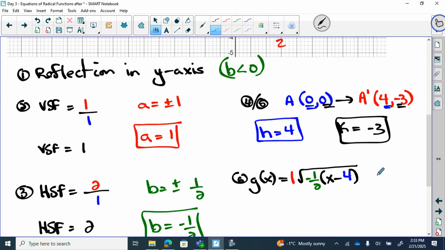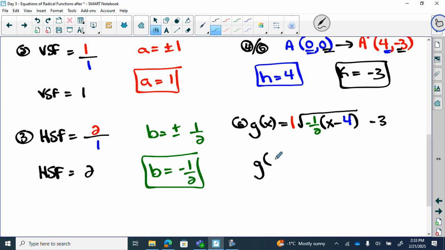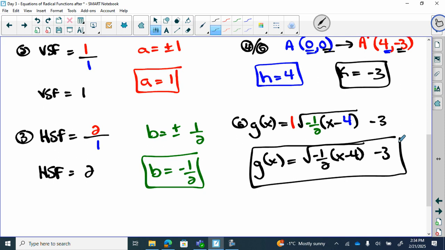Close the bracket. And then a minus 3 at the back. When you clean this up, there's what we're left with. Any issues, concerns? No?